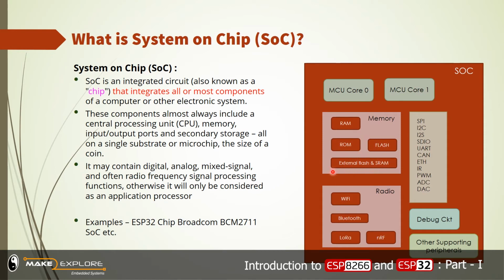It has wireless capability, that is Wi-Fi, Bluetooth, LoRa, and RF, which you can implement in SoC. It has communication protocols supported like SPI, I2C, I2S, UART, CAN, Ethernet, PWM, ADC, DAC, etc. It has a debug circuit on board and other supporting peripherals.